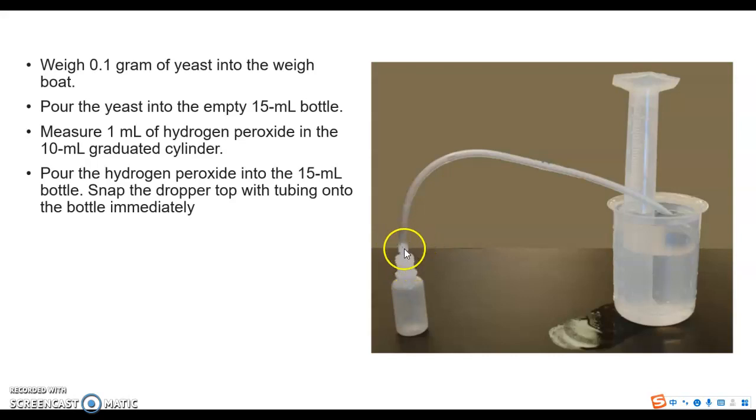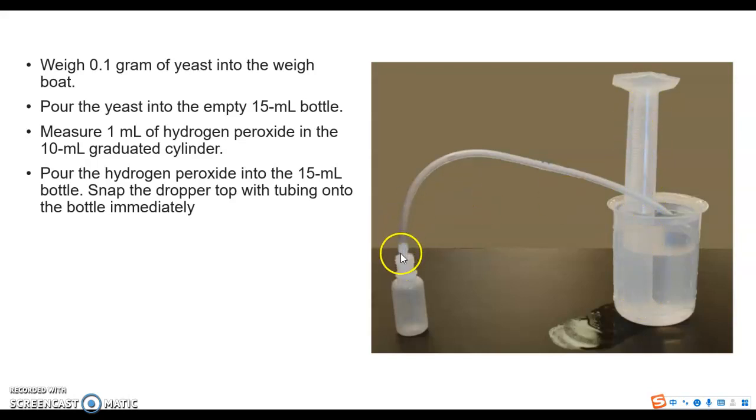It won't be very stable. I would suggest you use your hand to hold this stopper and the bottle so you don't knock it down. And once the reaction starts, you will see the gas coming into the graduated cylinder.